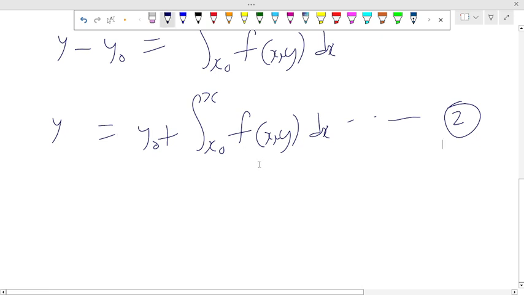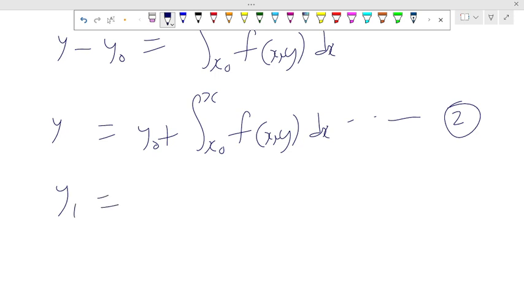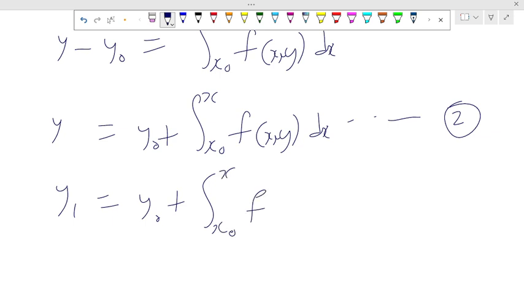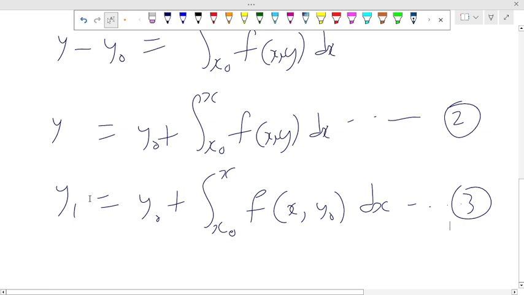So to get our first approximation for y, y1, this will be y0 plus everything we have here, where this part will be y0, dx. We can call this equation 3. Now this is the first approximation.